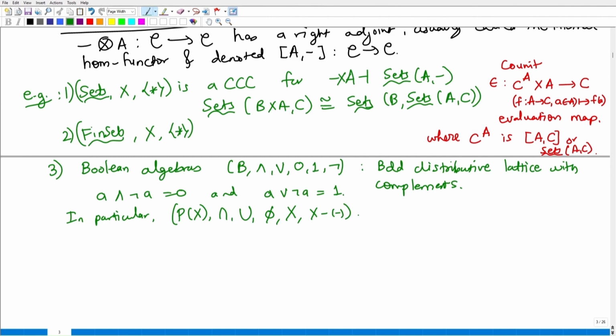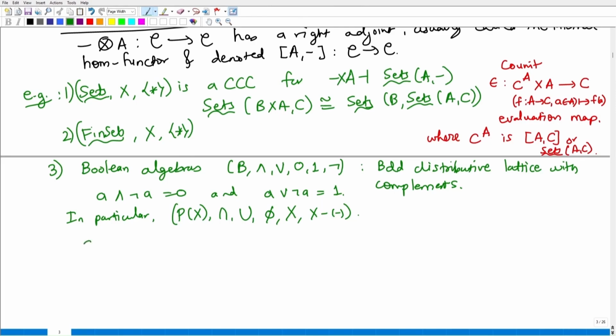Okay, in a Boolean algebra, there is also an implication defined. The implication arrow, how is it defined? A arrow B is defined to be, in a Boolean algebra, negation A or B. So, this particular arrow, now I can write. From B to B, I have two functors.